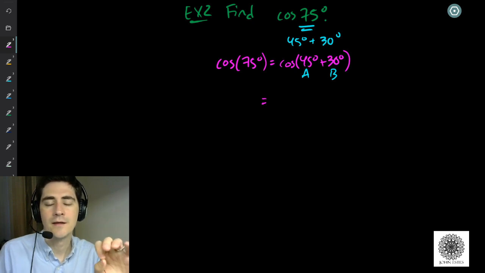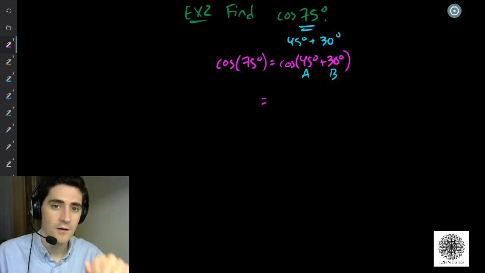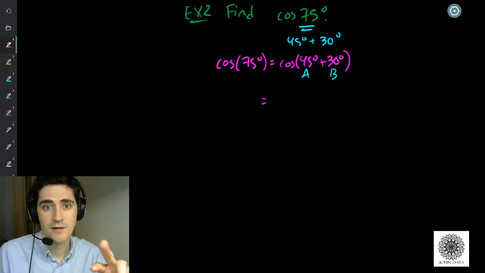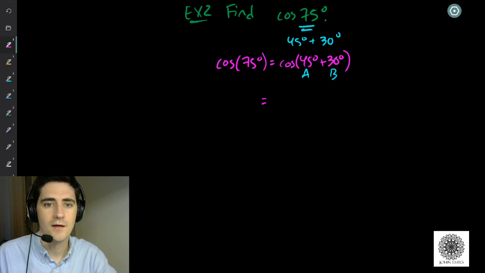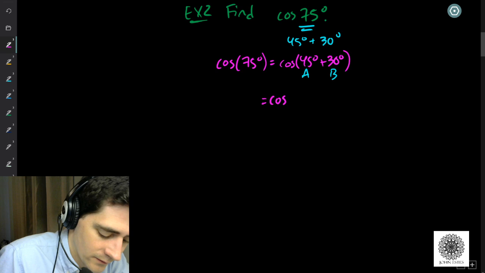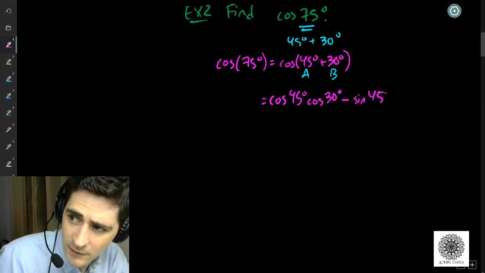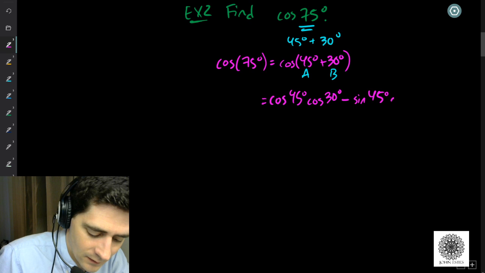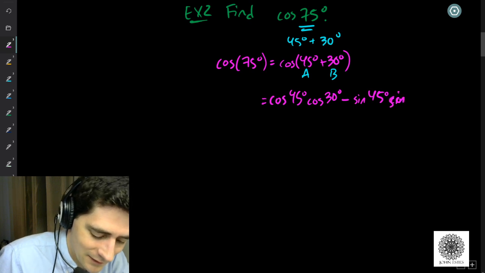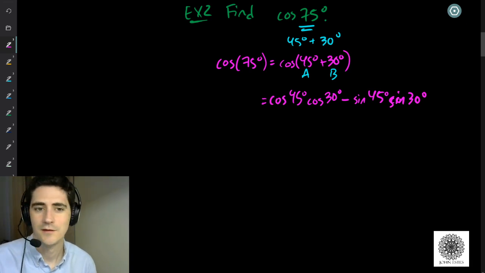Remember, for cosine, you keep the same trig function, so it's going to be cosine A, cosine B, flip the sign, minus sine A, sine B. So it's going to be cosine 45 degrees, cosine 30 degrees, minus sine 45 degrees, sine 30 degrees.